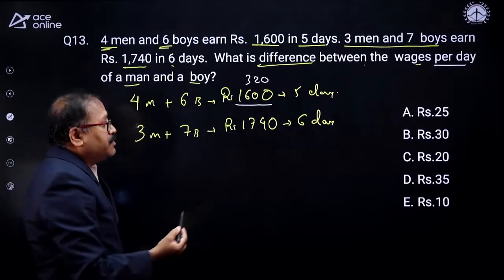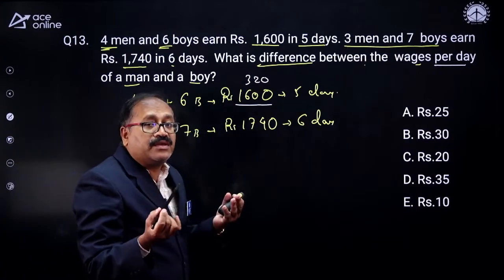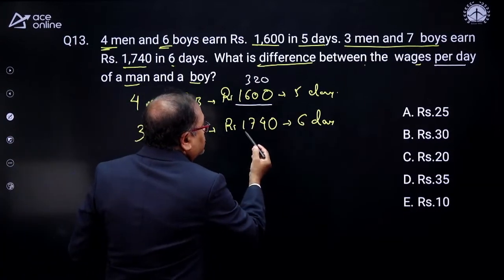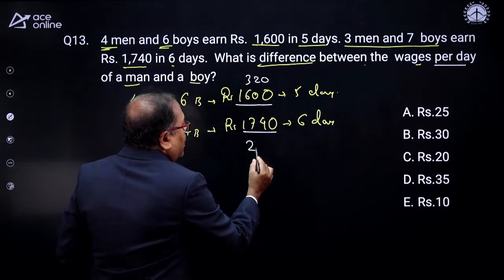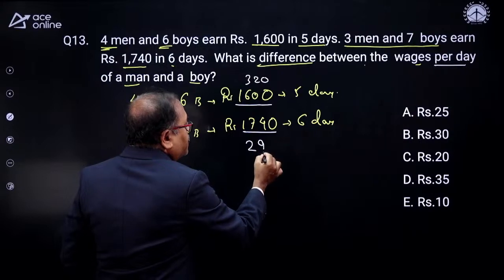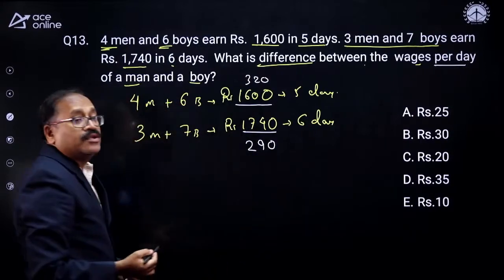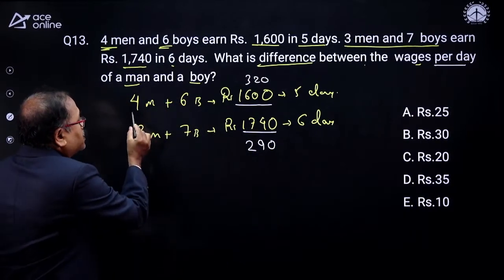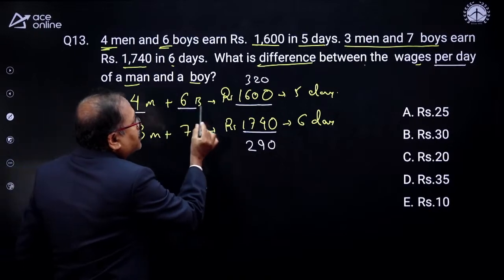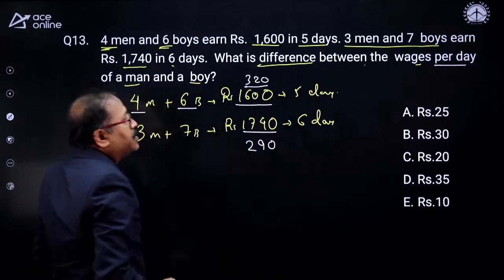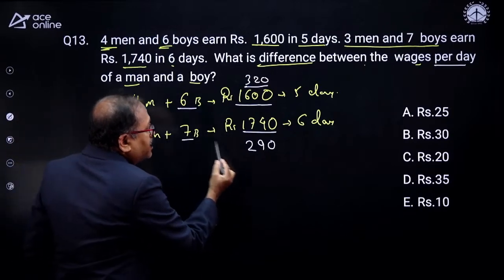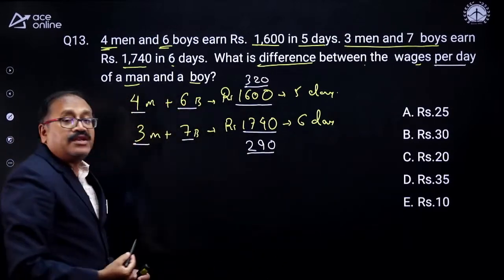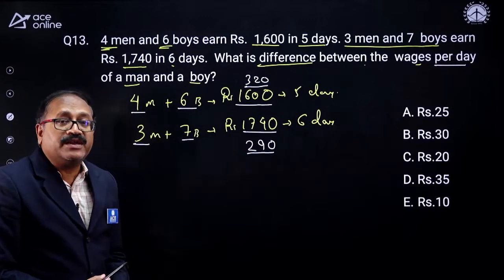It's a very basic question, but it should strike in your mind. So with 6, when you divide this one, you get 290. So you are getting one equation, 4m plus 6b is equal to 320 and 3m plus 7b is equal to 290. That is for 1 day.